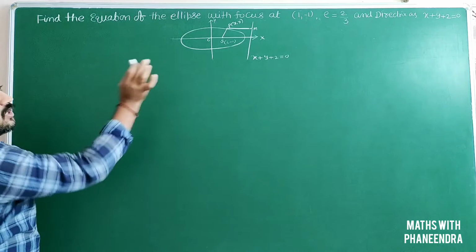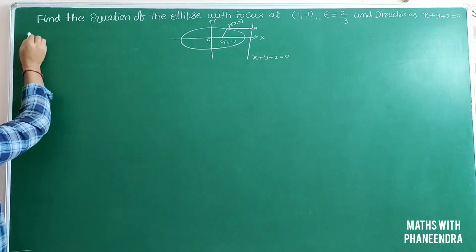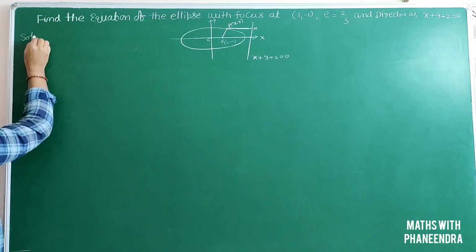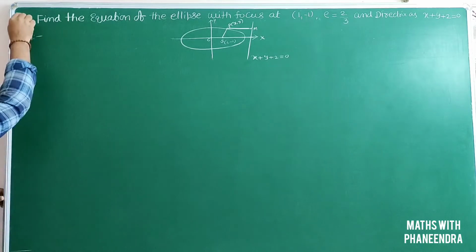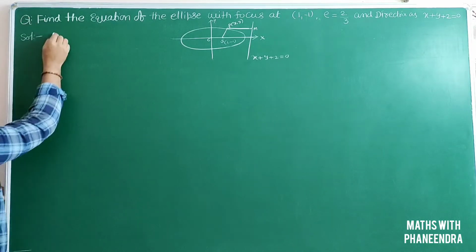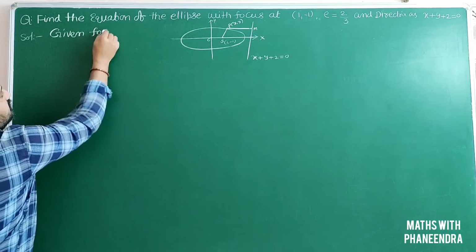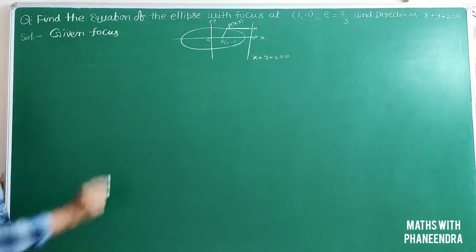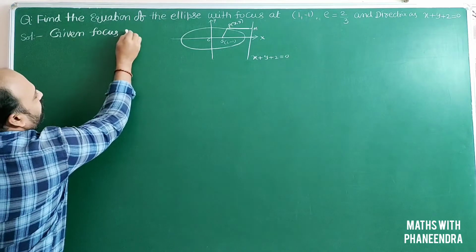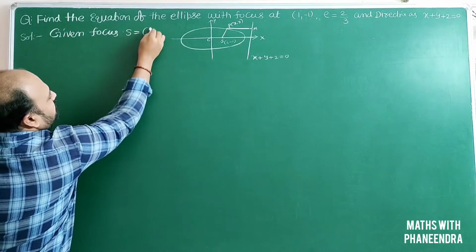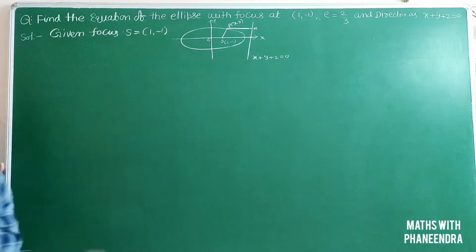First step, the given information you have to write. Given: focus, one of the foci, is denoted by S (1, -1).